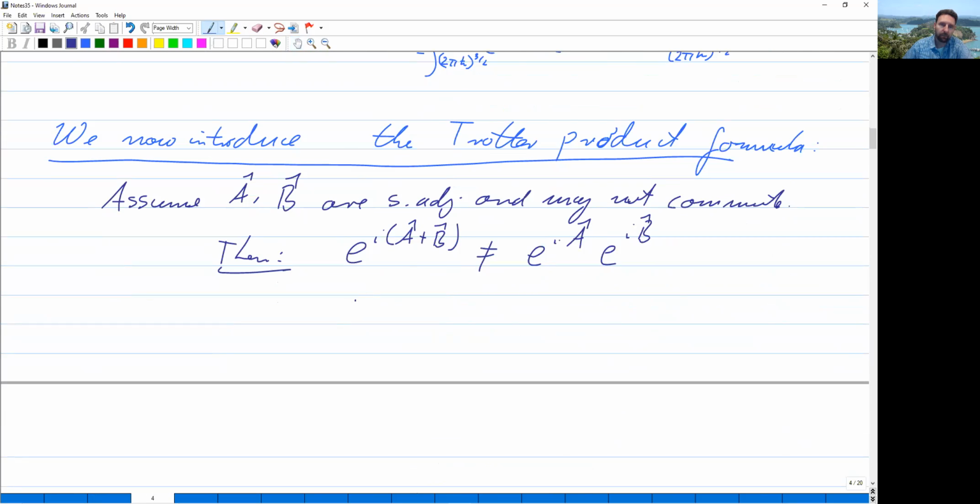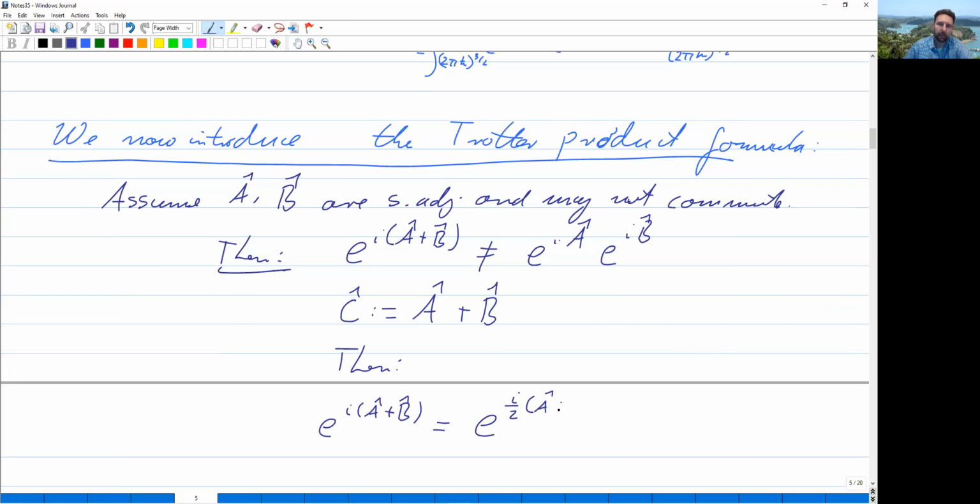So define C hat to be the operator A hat plus B hat. Now, C hat definitely commutes with itself. So what we can certainly say is that e to the power of i (A hat plus B hat), which is C, is equal to e to the power of i half (A hat plus B hat) times e to the power i half (A hat plus B hat).